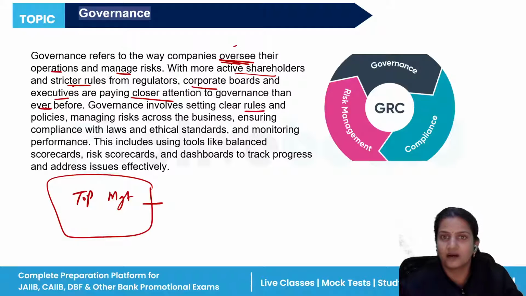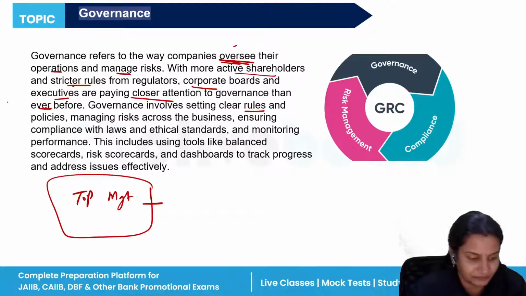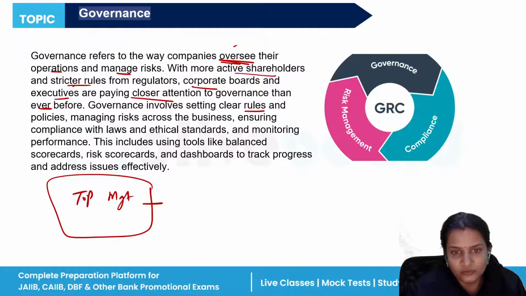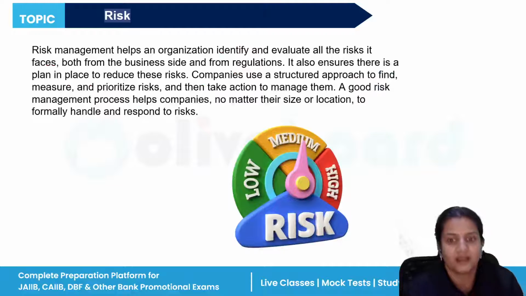Is there a good balance between the internal members and the work, the task and the people? They have to maintain a good balance between every activity and oversee all the operations. This includes using tools like the balanced scorecard, risk scorecard, and dashboards to track the progress of the organization effectively.